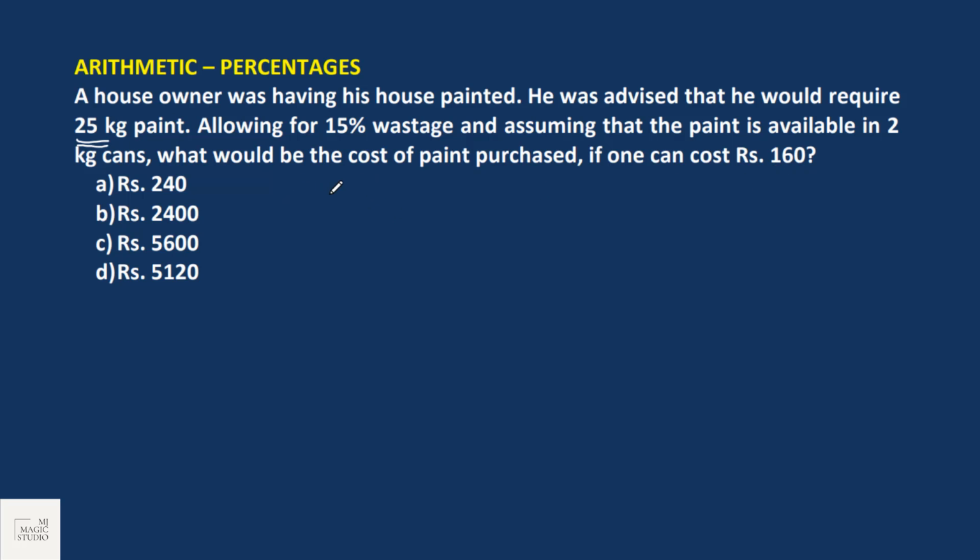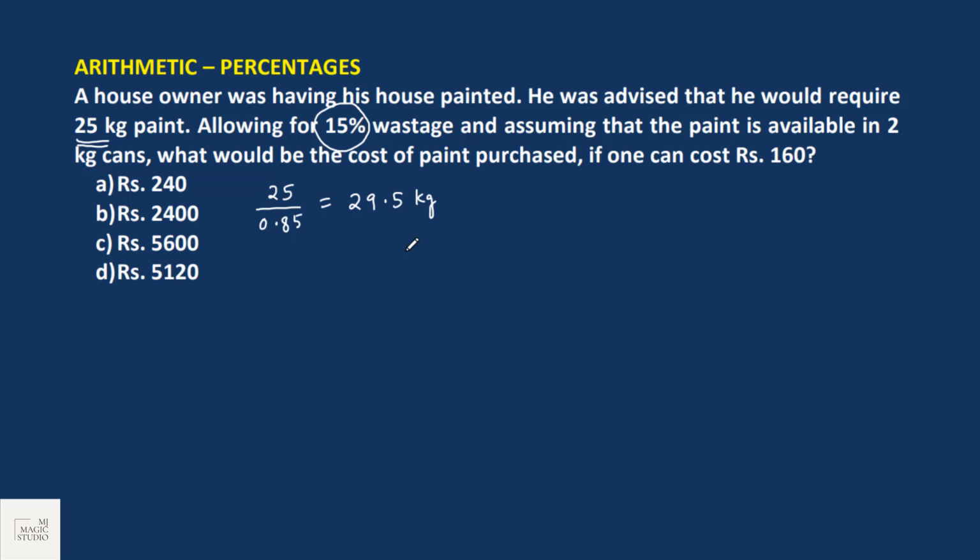Okay, first we need to find out how many cans are required. Now 15% wastage is required. That means 25 kg is 85% of whatever we are supposed to buy. So 25 by 85 will give us 29.5 kg roughly.